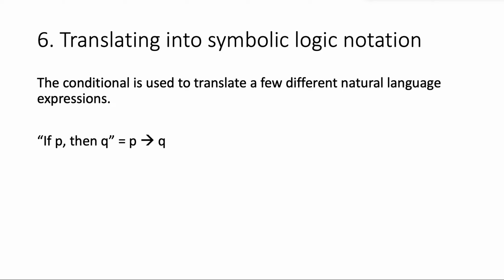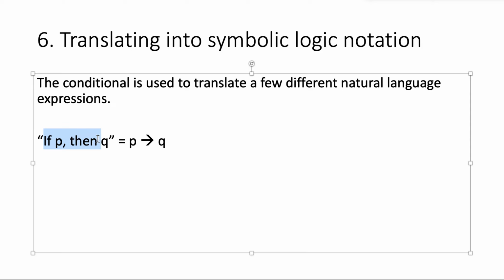So here's one. If we say something like, if P, then Q, that translates to P arrow Q. If we say Q, if P, that translates in exactly the same way.